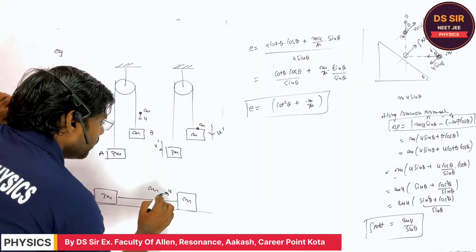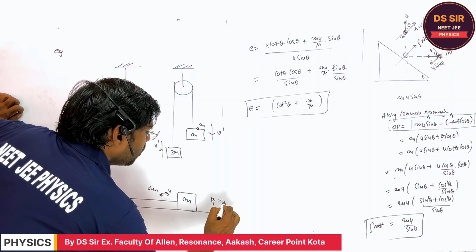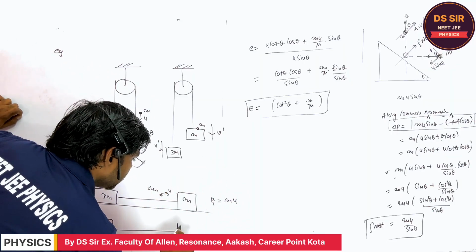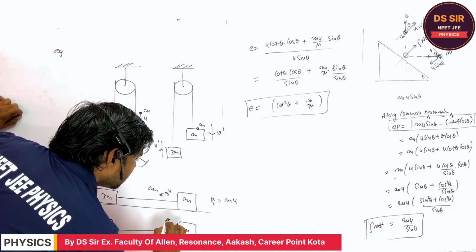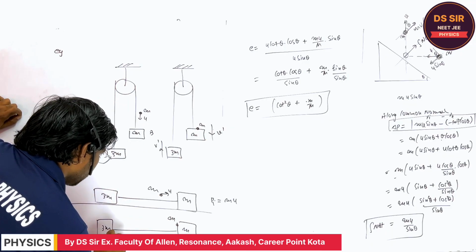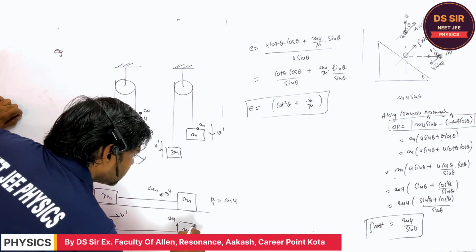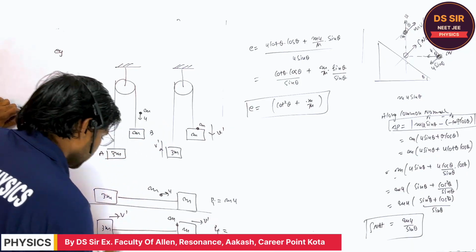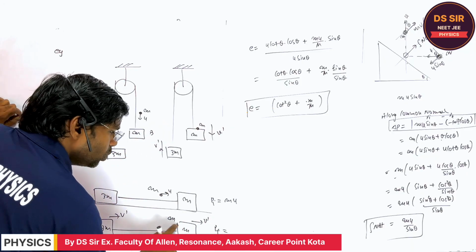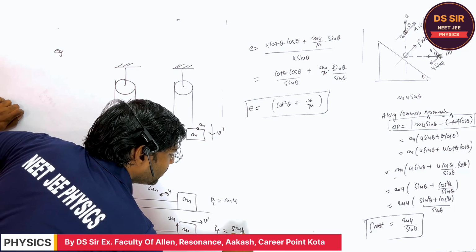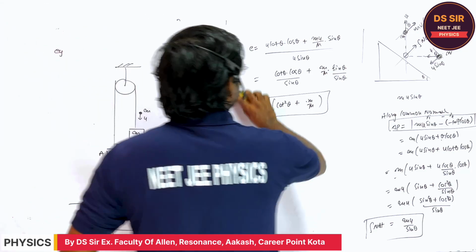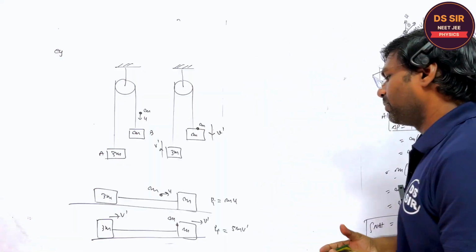So initial momentum is what? Initial momentum is mu. And when it sticks like this, this 3m is moving with the v dash and it is also moving the v dash. So what is the final momentum? 3m into v dash, 2m into v dash, that is the 5m into v dash. Are you getting or not? So therefore the initial and final momentum are same.